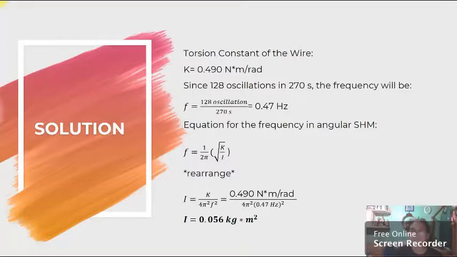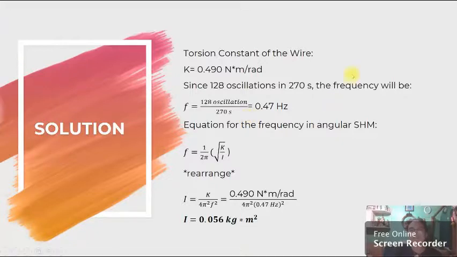We need first to find the frequency, which is computed with the oscillations and the time given. So 128 oscillations over 270 seconds is equal to the frequency, which is 0.47 hertz.